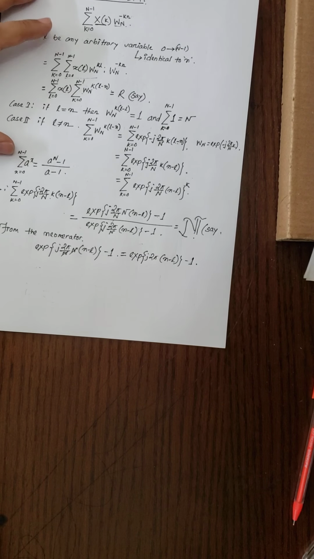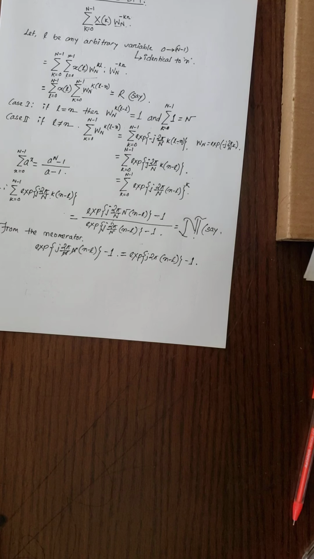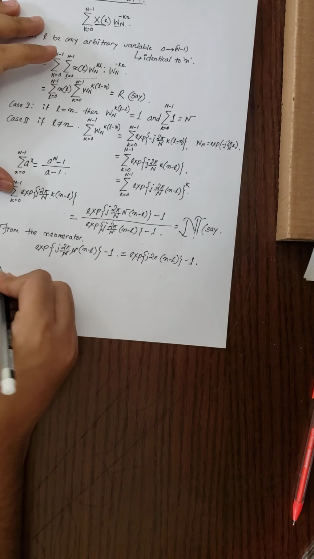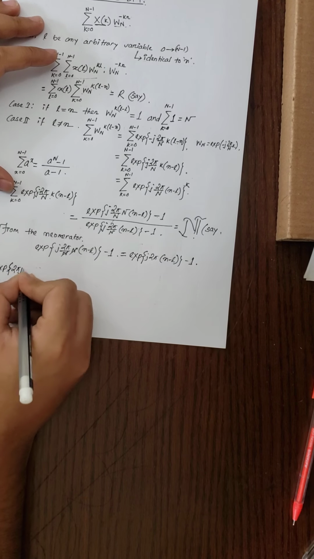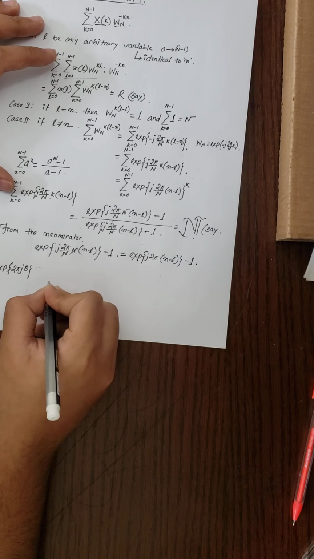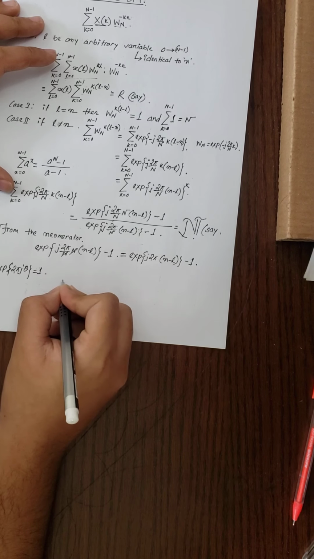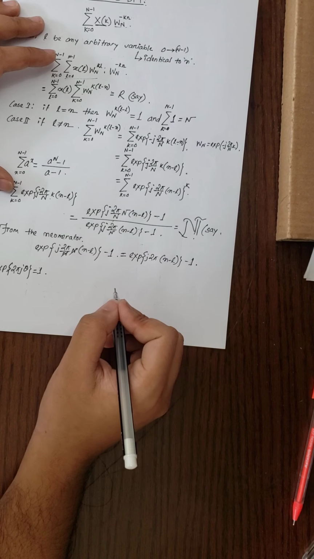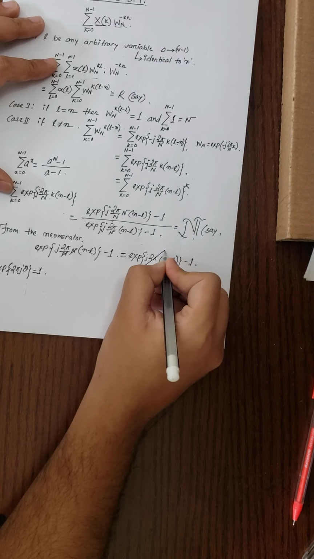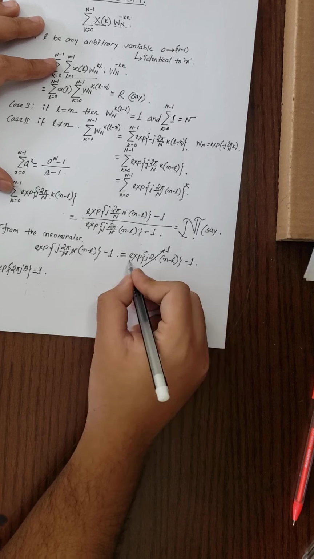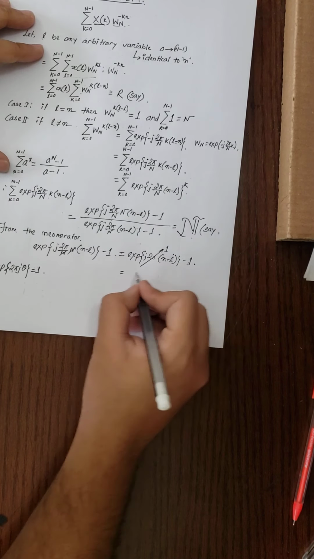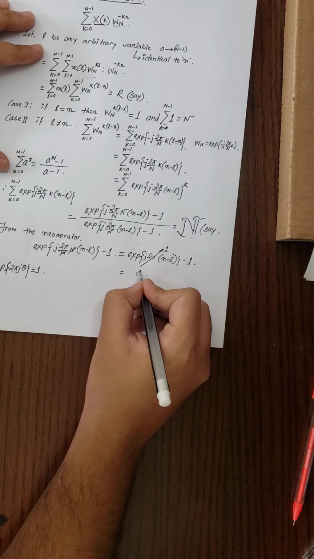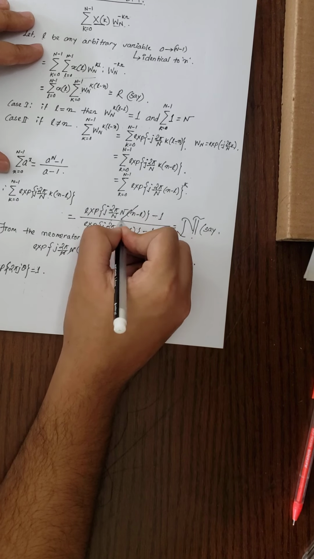Now if you remember the derivation of the discrete-time Fourier series, where I have shown e to the power 2πjθ will always be equal to 1 for any value of θ. So this expression will always be 1, and if this becomes 1, the result will become 0.